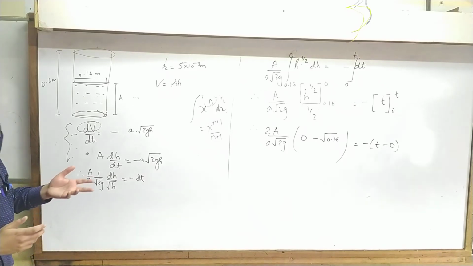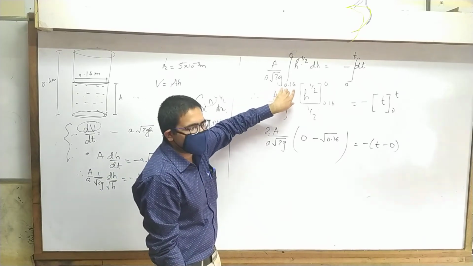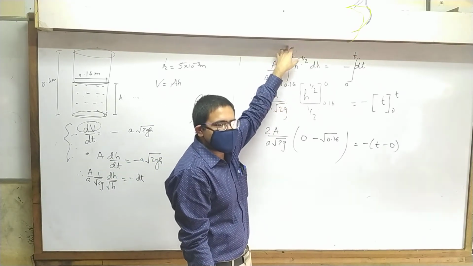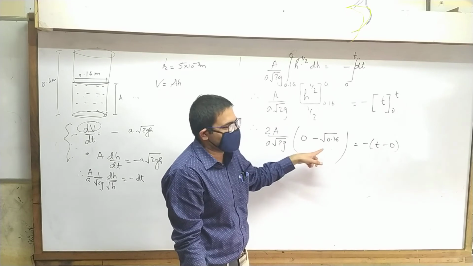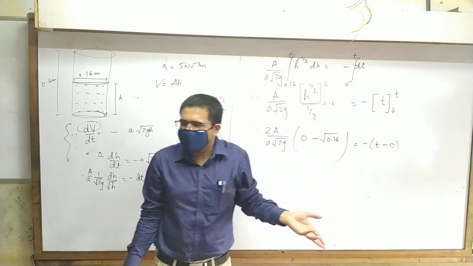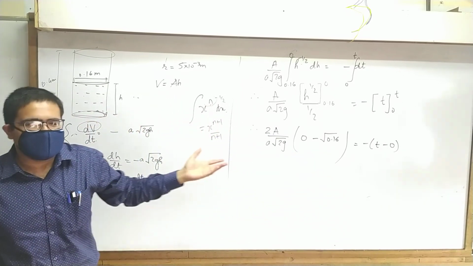It makes no difference. Only the limits will change. Instead of this h1, over here h2. The last step will be slightly different: root h1 minus root h2. Same idea.